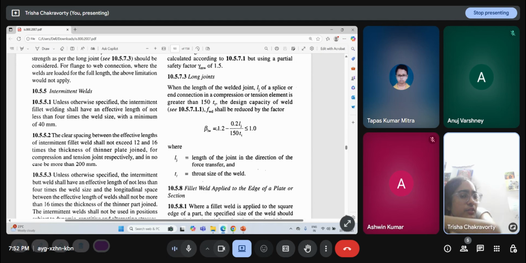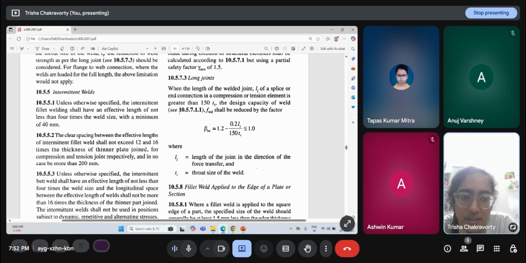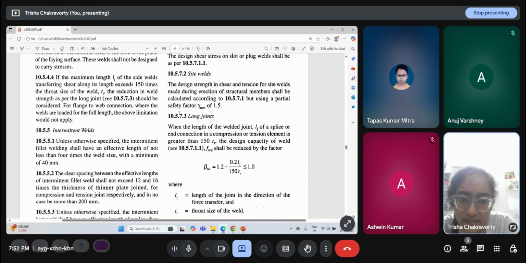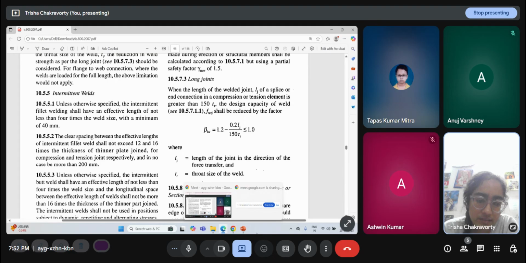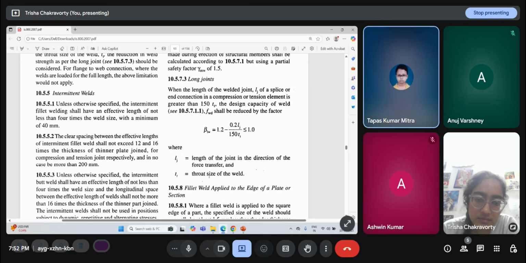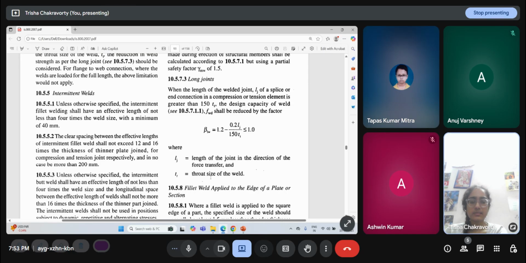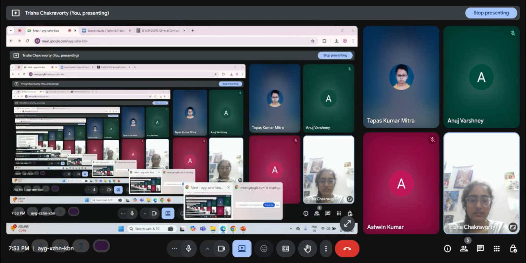Maybe the welding cannot be done uniformly along the entire length, so there could be some weaknesses, and we are to be on the conservative side. We are reducing the strength a little bit. That seems right from intuition, but I'm not 100% sure why. How to apply this clause is clear, right? Yes. Okay, no problem.